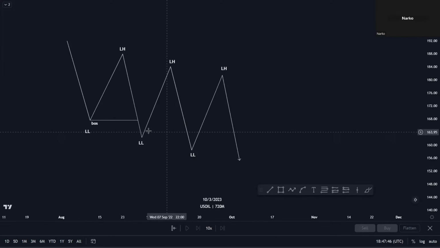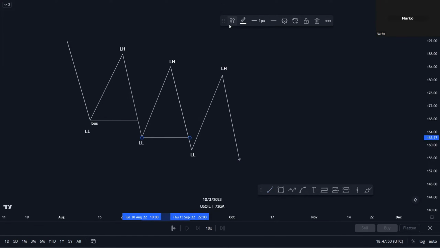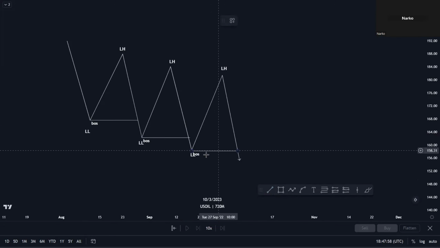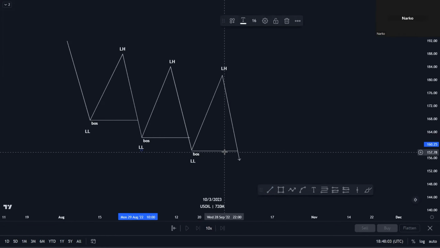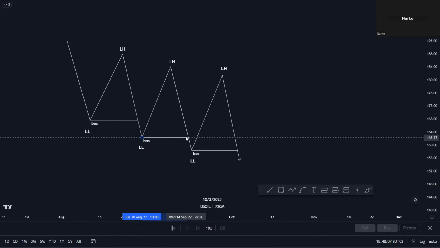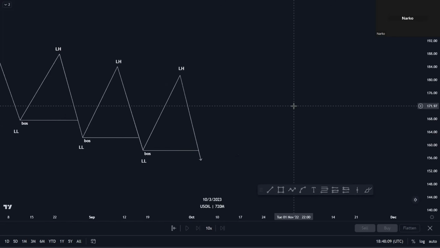This here will be our bottom break of structure, and this here will also be a break of structure. As simple as that.